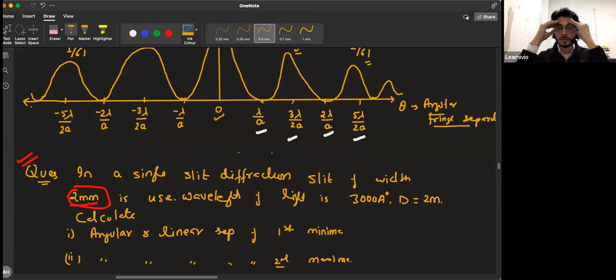Saifullah, Hishma, Yashika. Yes, both the parts are correct. First is correct, yes.